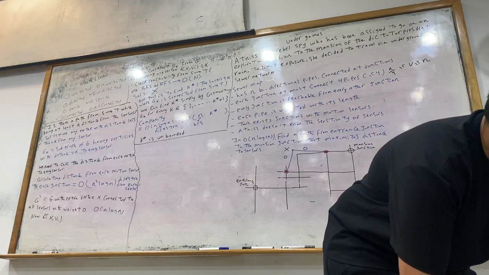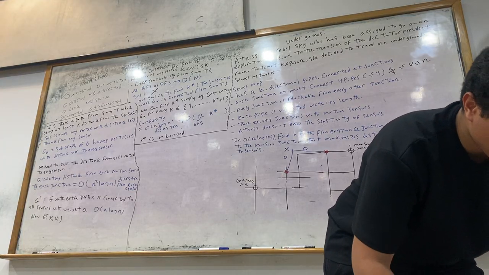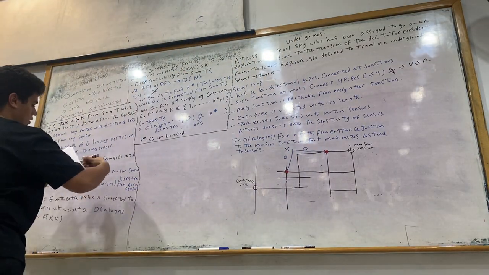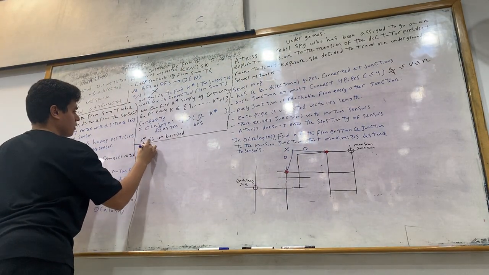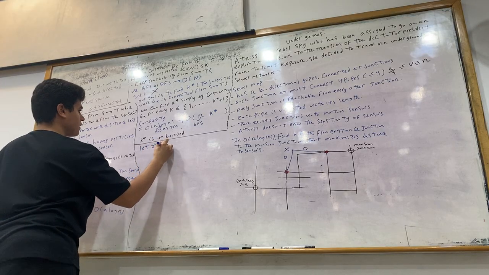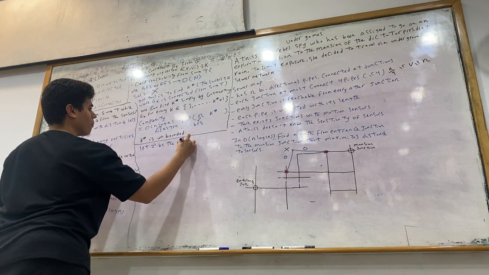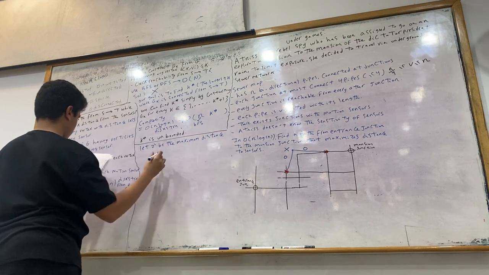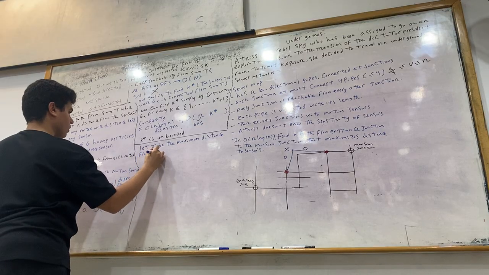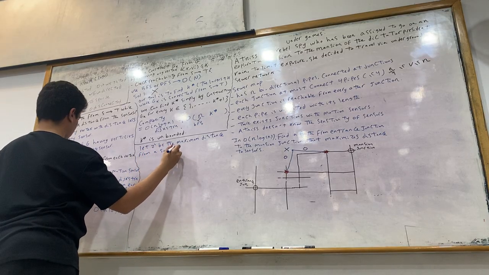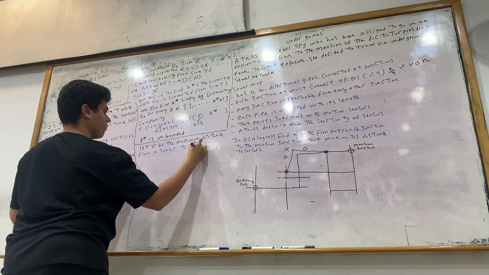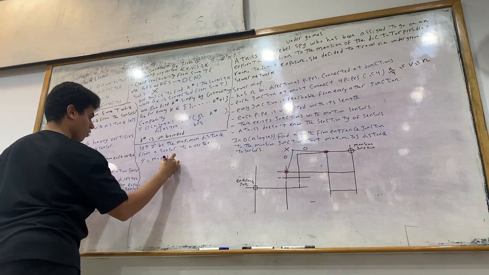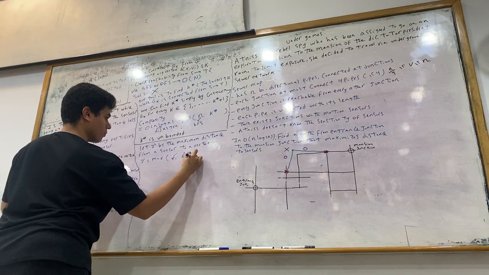So if you do binary search over there, it will give you the biggest answer. Let Z bar be the maximum distance from a sensor to a vertex, which means Z bar equals the max over every vertex of the distance from the starting node.